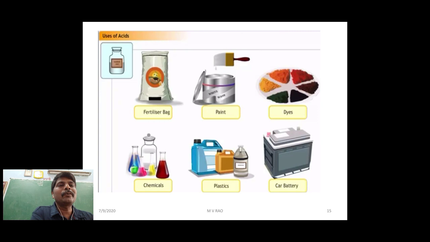I will ask one question: which acid is used in a car battery? Lead storage battery, it is an important question. Which acid is used in a lead storage battery or car battery or inverter batteries? Sulfuric acid, concentrated sulfuric acid.